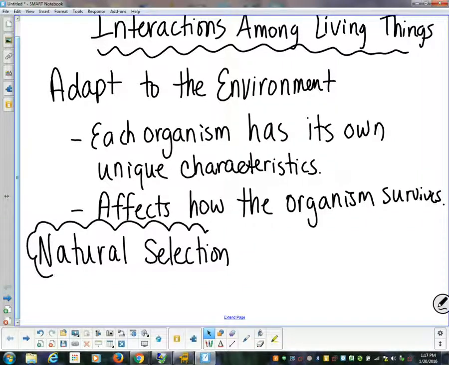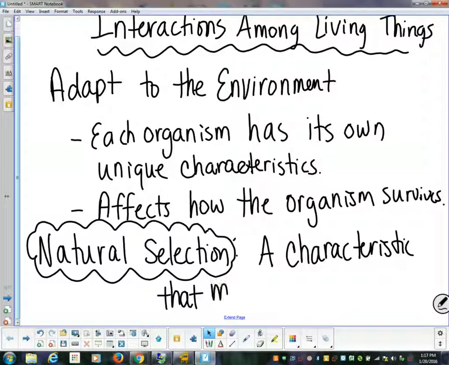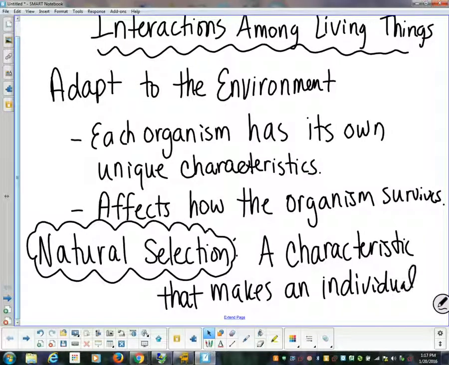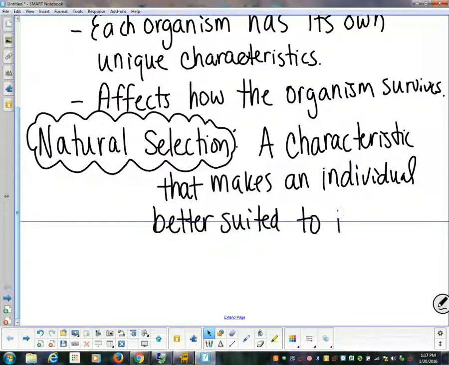And natural selection is a characteristic that makes an individual better suited to its environment.